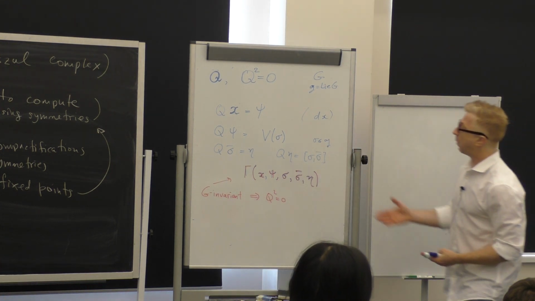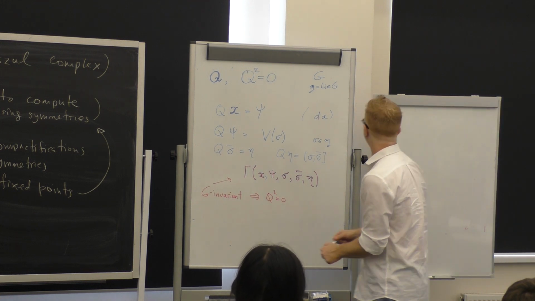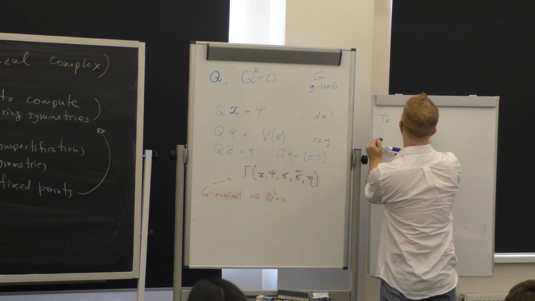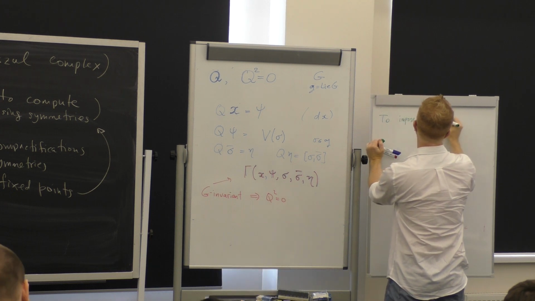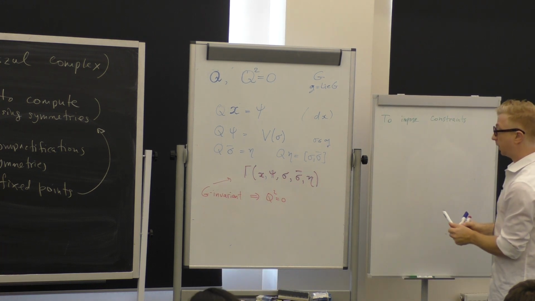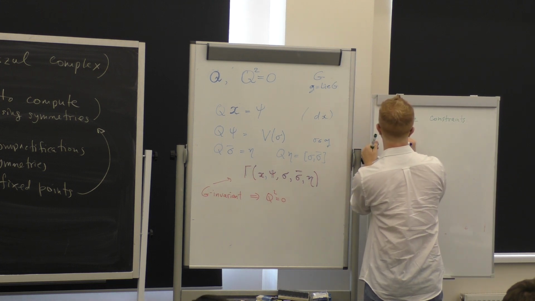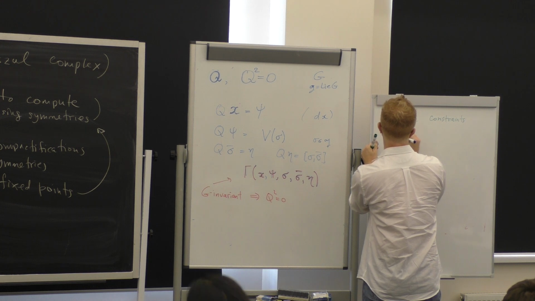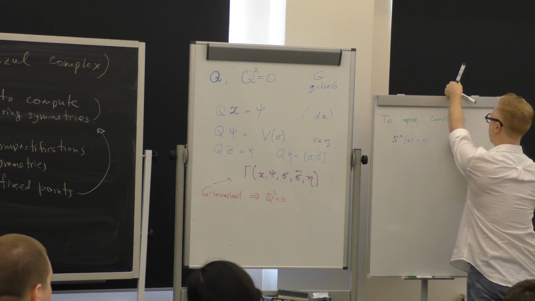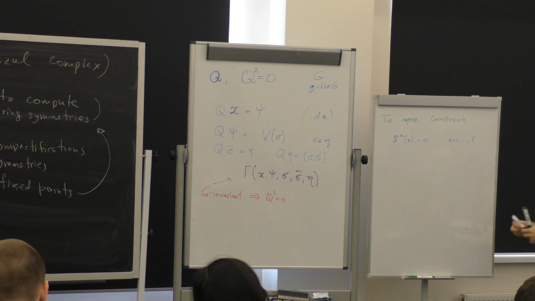So now I want to be able to impose some constraints on my variables X. So to impose constraints, say some equations S_A of X equals to 0, some number of equations.